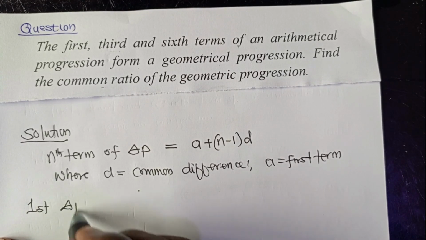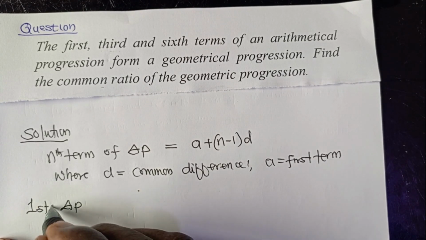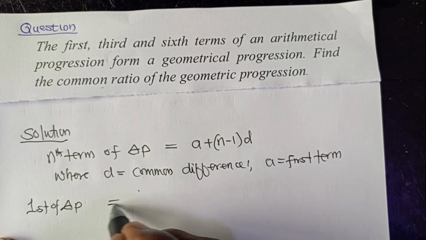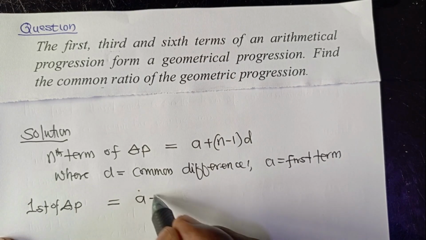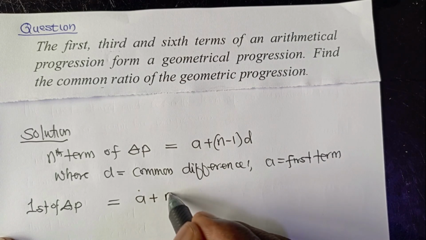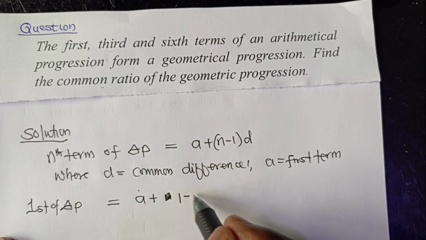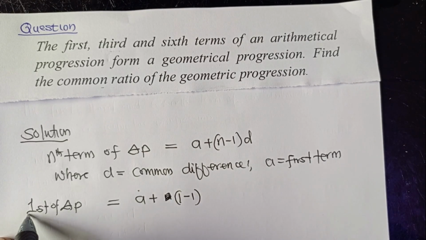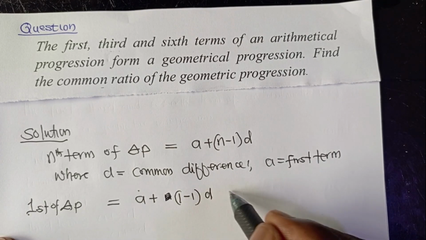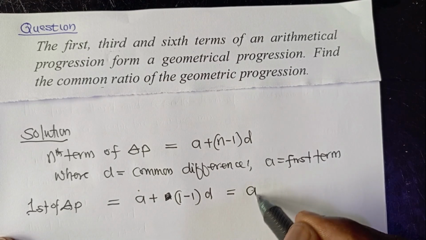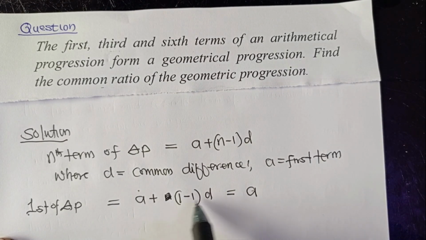If we want the first term of the AP, it will give us a plus 1 minus 1, because that's the first term, multiplied by d. That is 1 minus 1 gives 0, times d gives 0, so the first term is a.